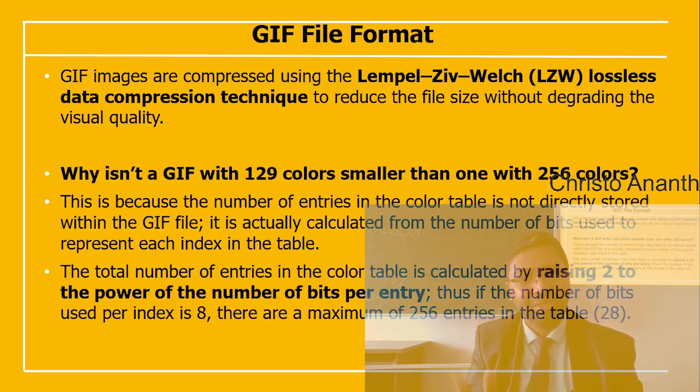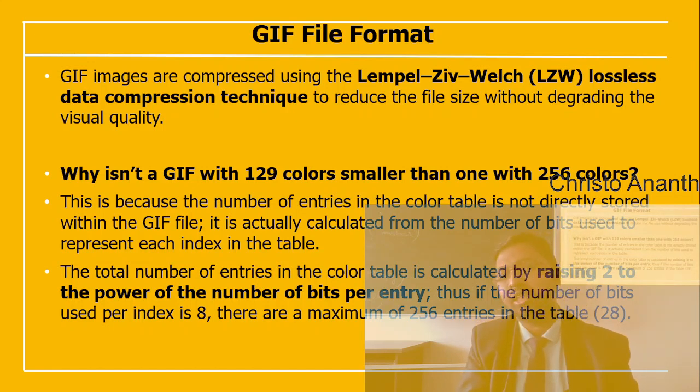Let us try to understand the situation. Why isn't a GIF with 129 colors smaller than one with 256 colors? It's because the number of entries in the color table is not directly stored within the GIF file. It is calculated from the number of bits used to represent each index in the table.